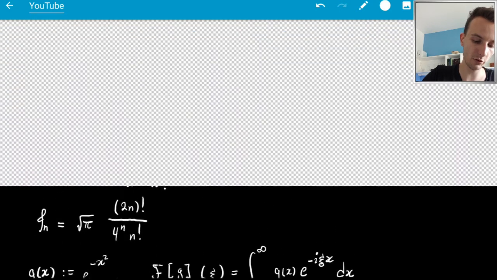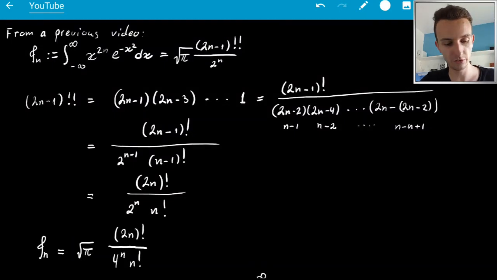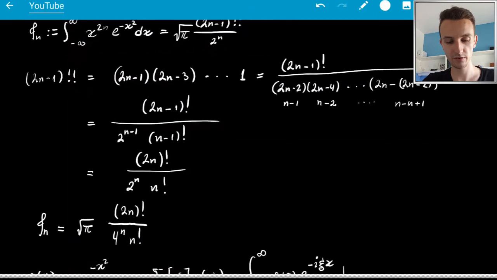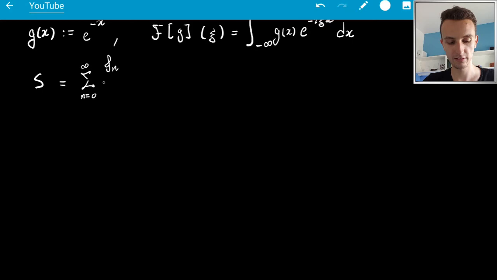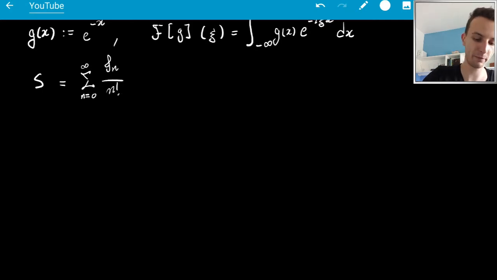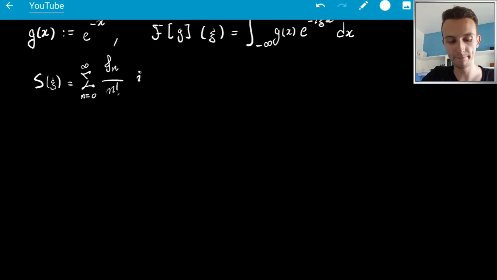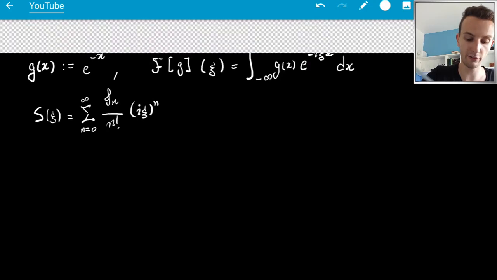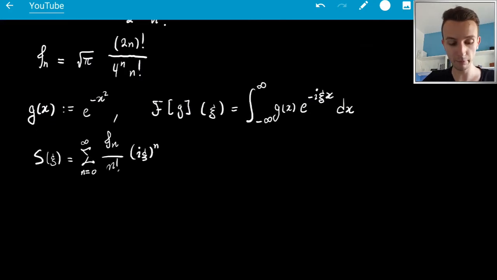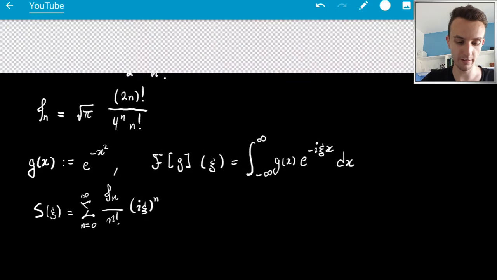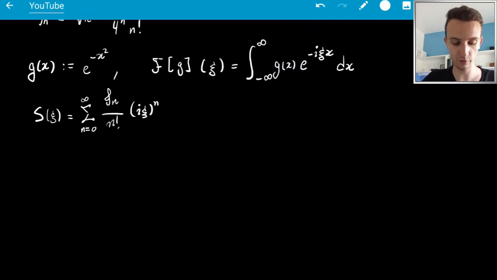And we're going to sum over these I_n integrals. And then what else are we going to use? We want to divide it by n factorial. Yeah, we want it to be S of xi. And then we'll have (i xi) to the nth power. It might look random now, but let's just see what it gives us.